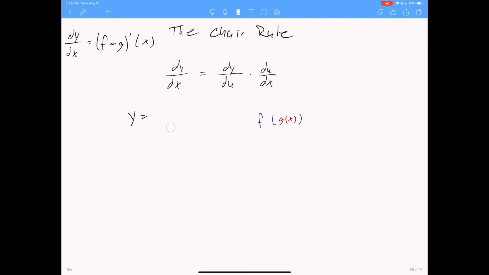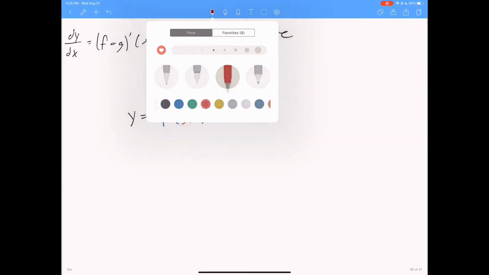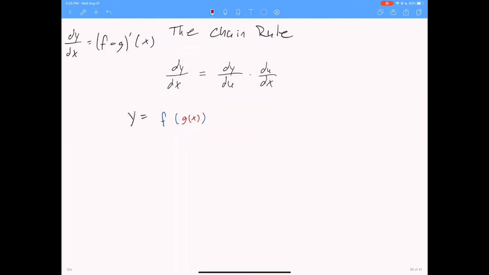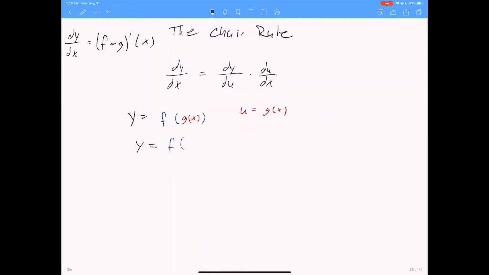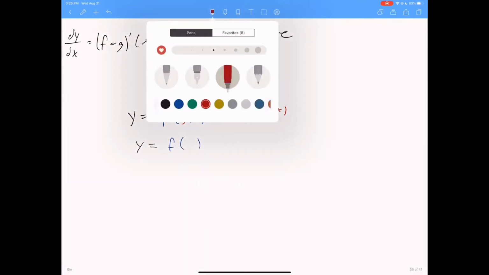I'll say y is equal to f of g of x. Now first, what I want to do is make a substitution. I'll let u equal g of x. So we can rewrite this as y is equal to f of u.